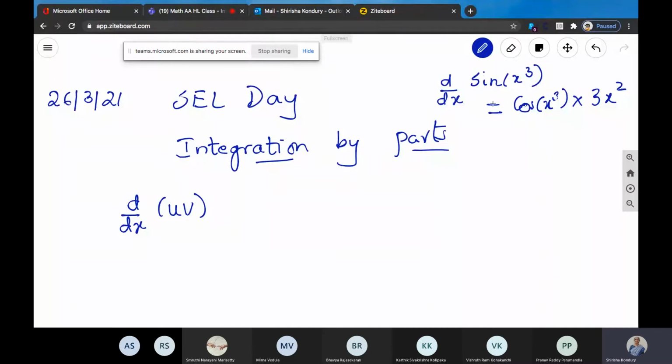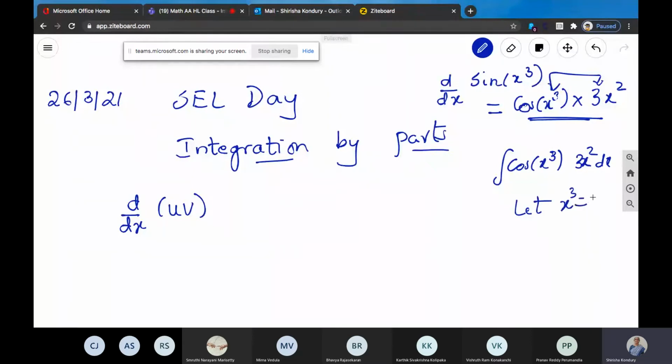Okay, so I was talking about the chain rule. If we look at this expression, I have a function and its derivative. This is what we look for when we do substitution. If I was given the integral of cos x cube into 3x square, the substitution that I would look for is that let x cube be u, and therefore 3x square dx will be du.